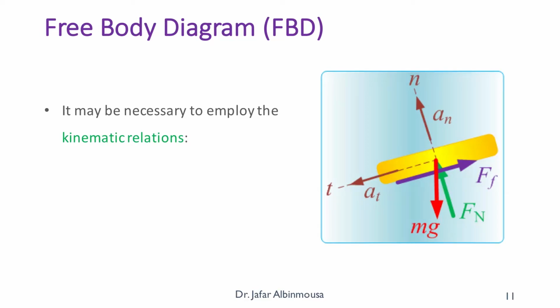As a reminder again, it will probably be necessary to utilize the kinematic relations: a_t, the tangential acceleration, equals dv/dt, which I already stated before, and a_n, the normal acceleration, which equals v squared over rho.